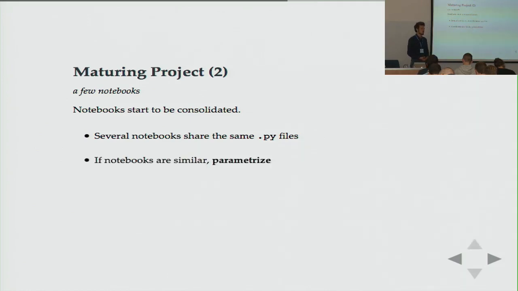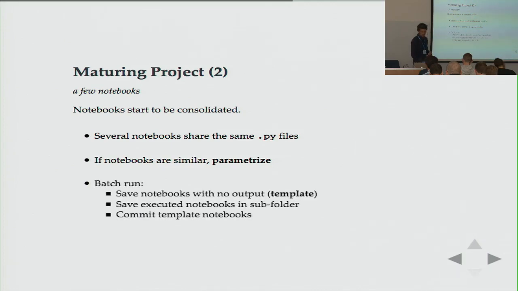Then, if you have multiple notebooks that are similar, instead of doing copy notebook and then you have another version that is almost identical except for 1-2 parameters, you parameterize the notebook. It's possible to run a notebook with some parameters, and I'll show you how in a second. And related to parameterization, once you have this system set up, you run your notebooks in batch.